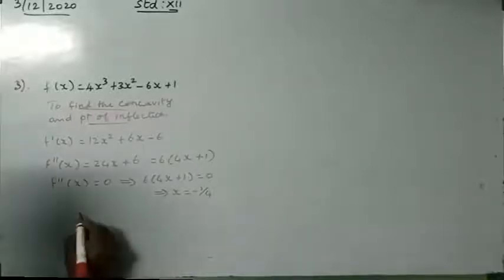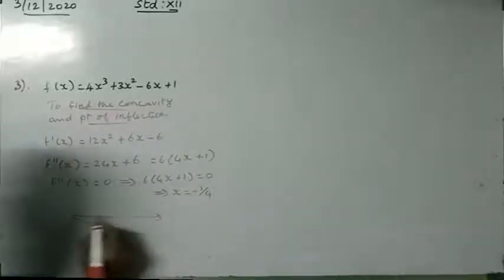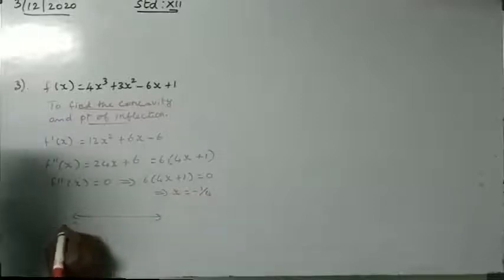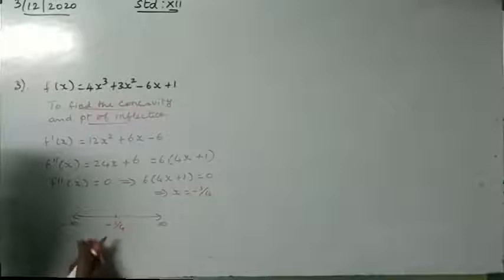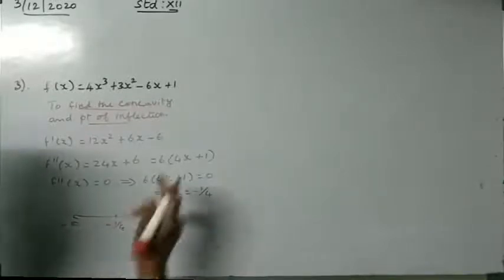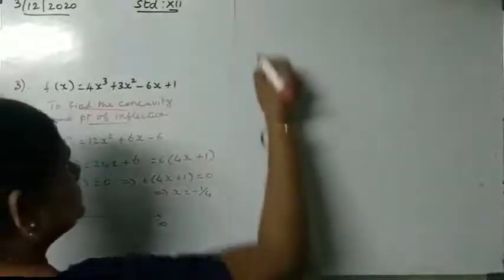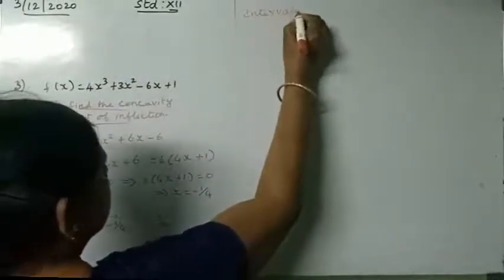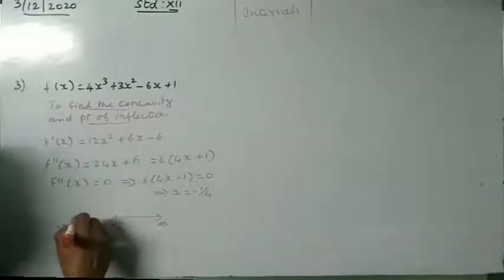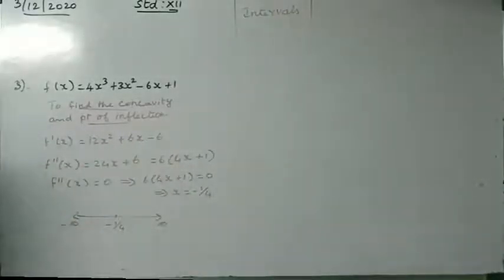Now take this in a number line. Only one point we have got here. So minus infinity, plus infinity, minus 1 by 4. Only two intervals. Now take these two intervals in a table. To find the concavity, the second derivative test is helpful.